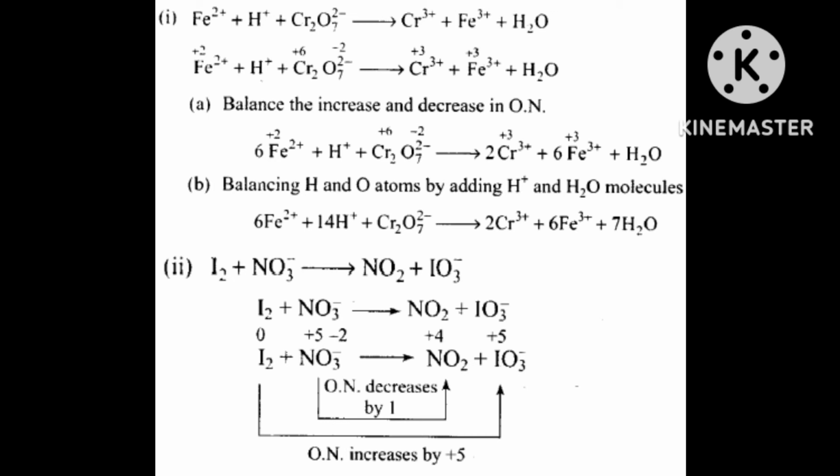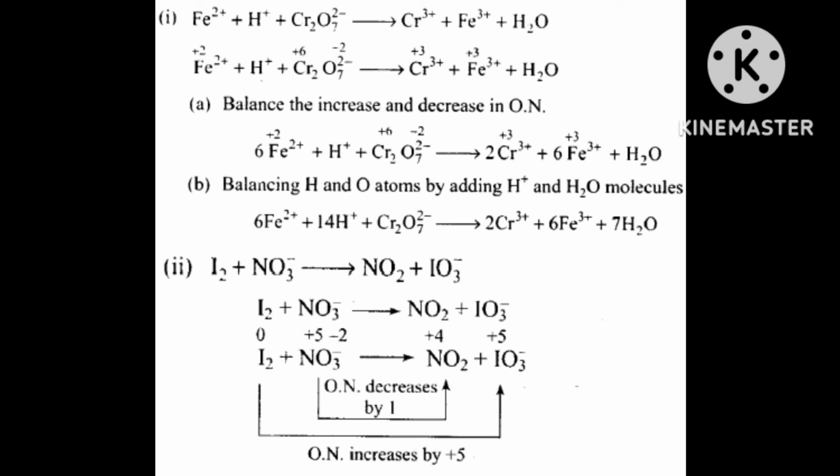Keep in mind that you can't balance all the hydrogen and oxygen in any one step; you have to follow step by step. Chromium you can balance, no problem. But oxygen and charge you can only partially balance; oxygen will be balanced only at the end.